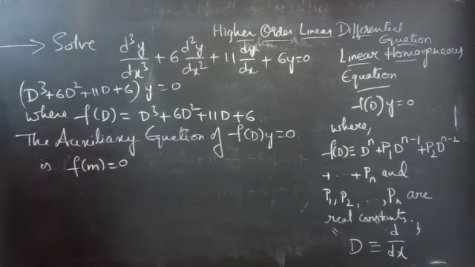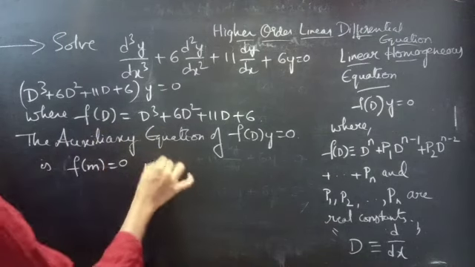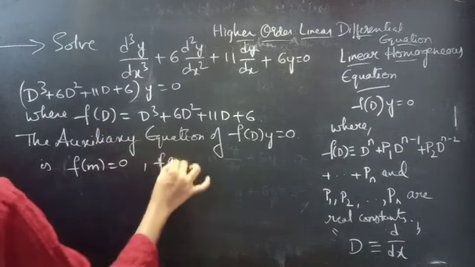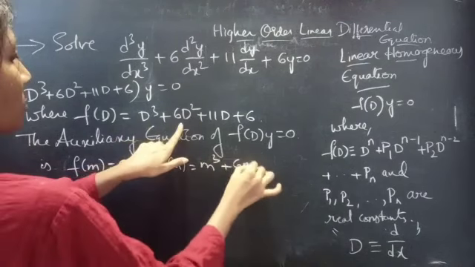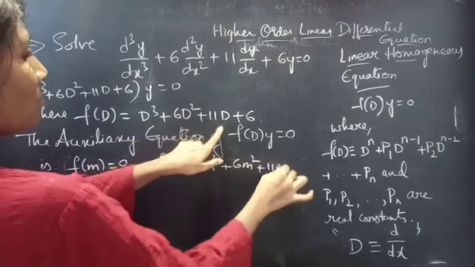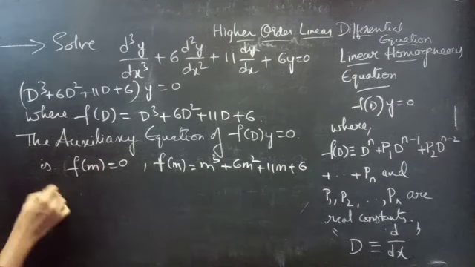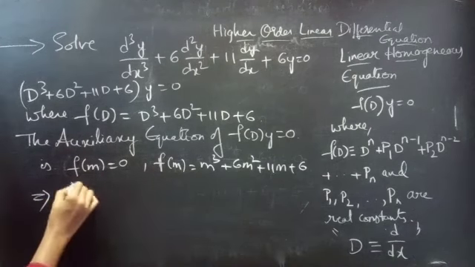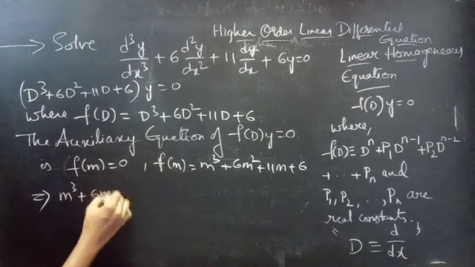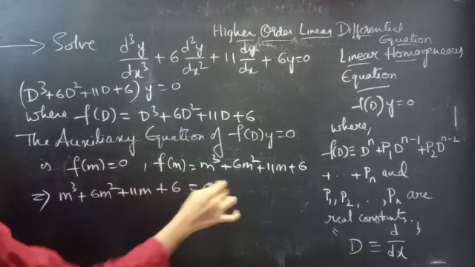So how we'll get f of m? Simply by replacing D with m in f of D, you'll get f of m, where f of m equals to m cube plus 6m square plus 11m plus 6, right? Fine. Now, our auxiliary equation is m cube plus 6m square plus 11m plus 6 equals to 0.